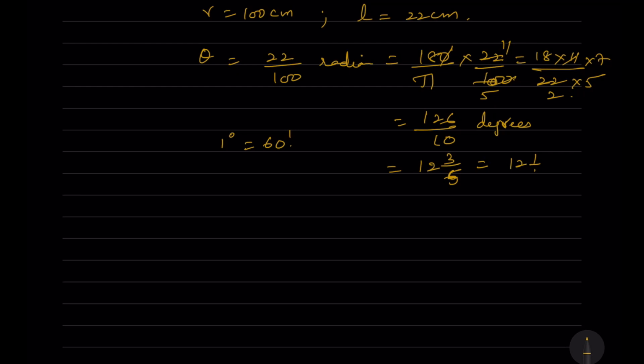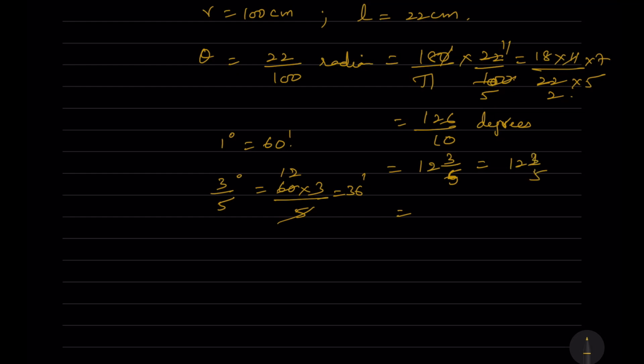So therefore this is 3 by 5 degree is equal to how many minutes, means you have to multiply this into 60 into 3 by 5. So 5 twelves are 60, which is equal to 36 minutes. So therefore this is equal to 12.